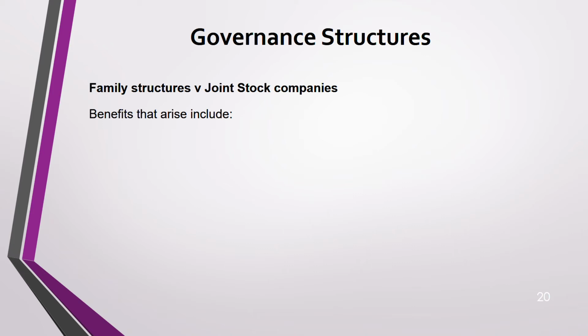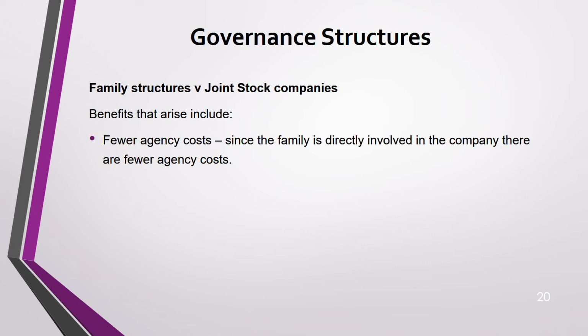So what are the benefits of family businesses? You have to know this, because in the exam they can directly ask what the advantages or disadvantages are. They have asked.